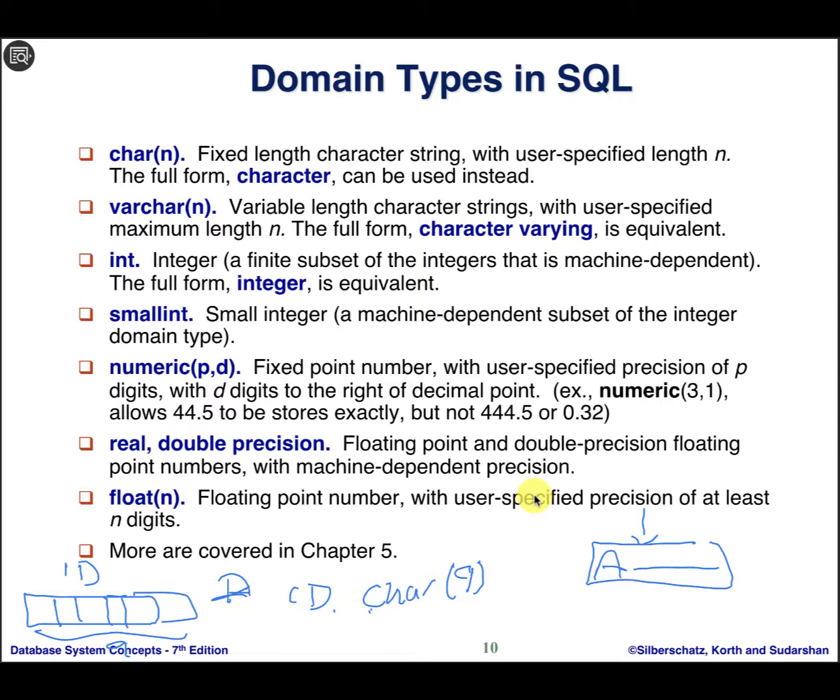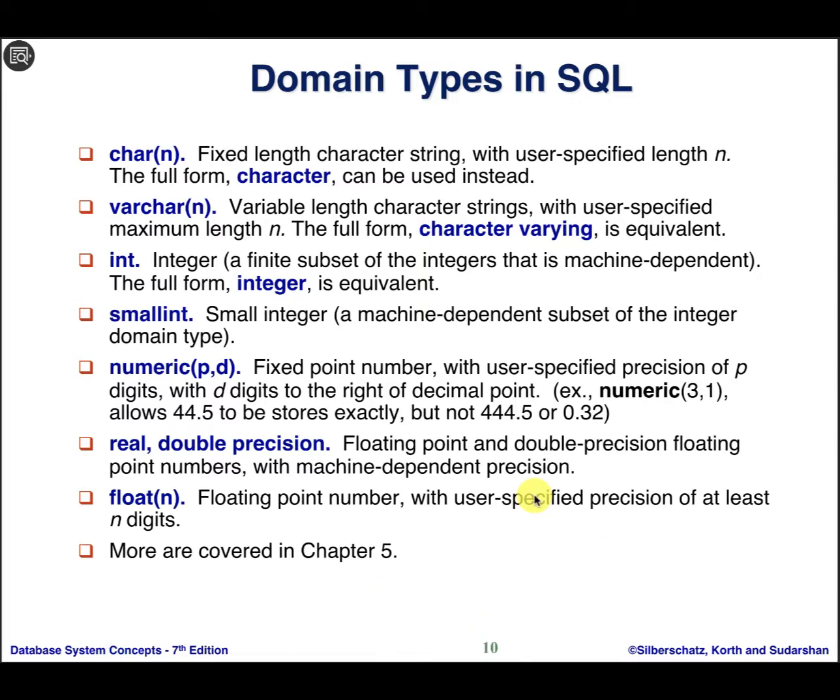Or sometimes we can't use char, and you specify that. Okay, we have varchar. What does varchar mean? The varchar means character varying. This means it's not fixed. It depends. So what does it mean? For example, the email address.